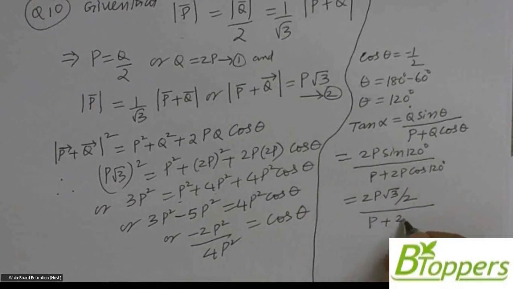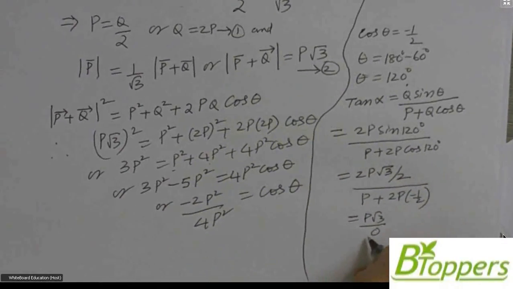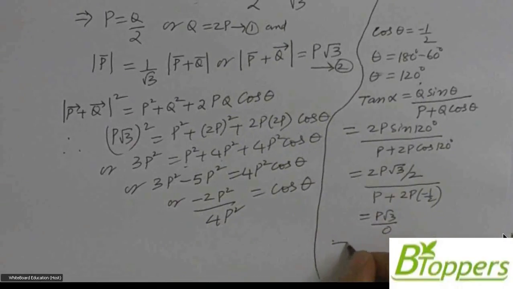Cos 120 degrees equal to minus 1 by 2. So you get p root 3 by 0, so tan alpha equal to infinity. Therefore, alpha is 90 degrees.